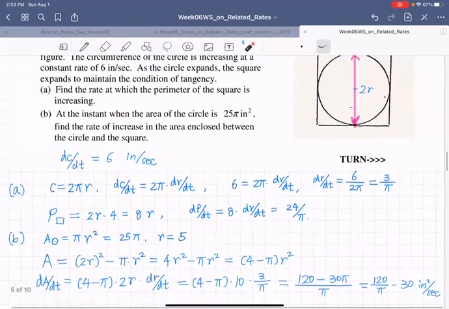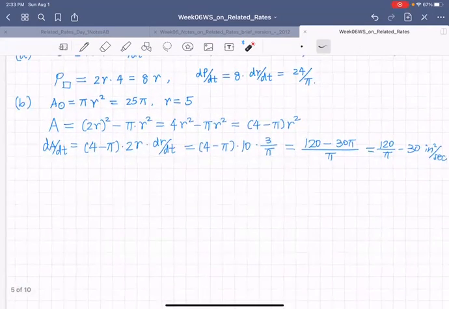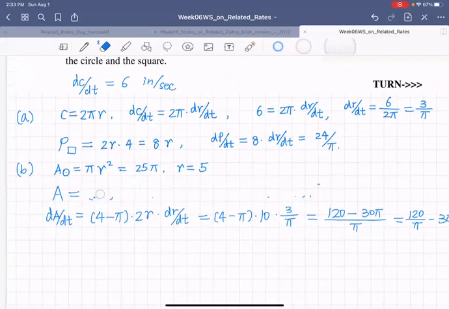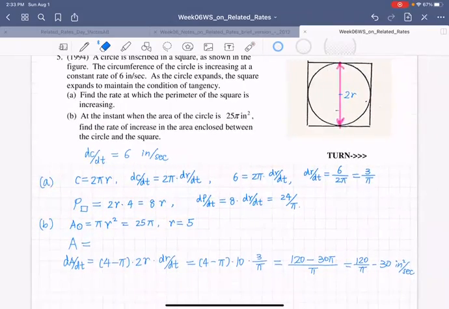Now we want to get the area between, right? So how do we calculate the area between them? You have to subtract the area of the square. So this is r, this is r, so this is 2r on both sides, right?